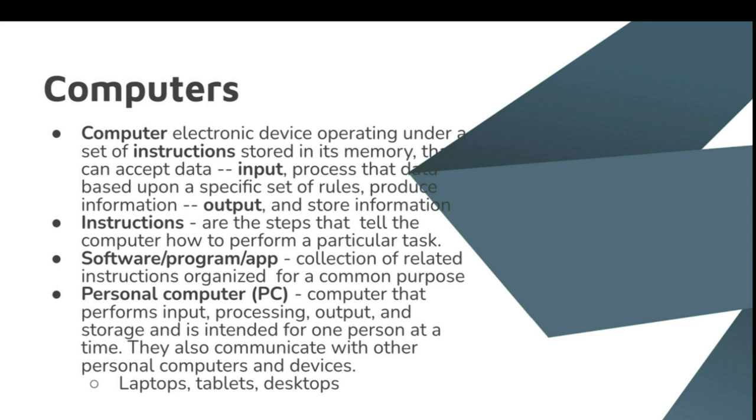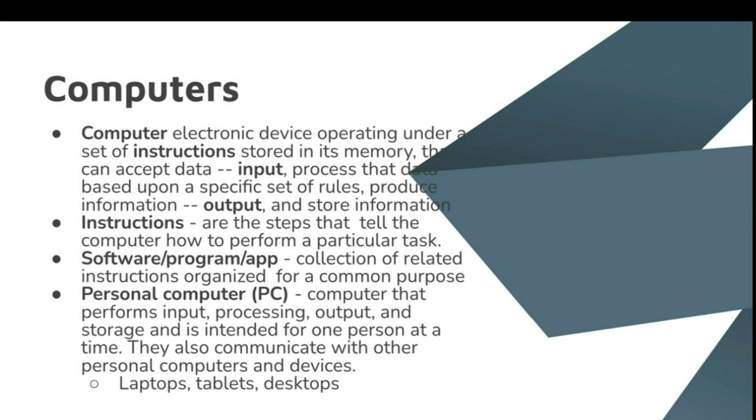So instructions are the steps that tell the computer how to perform a particular task. Software, or a program or app, is a collection of related instructions organized for a common purpose.